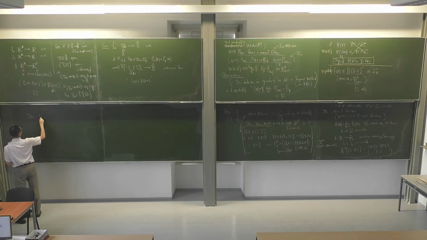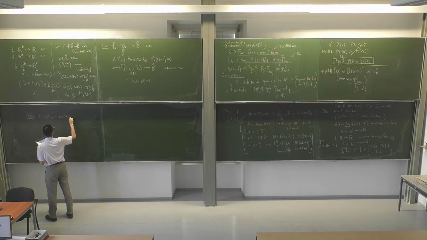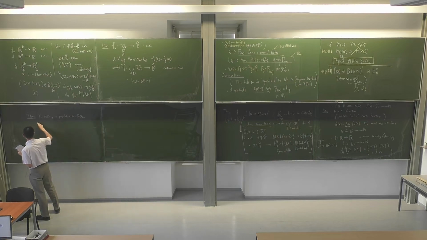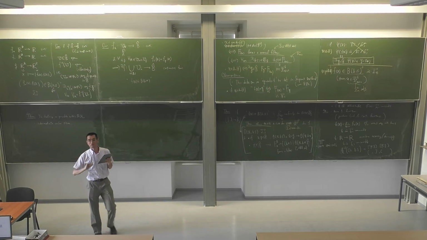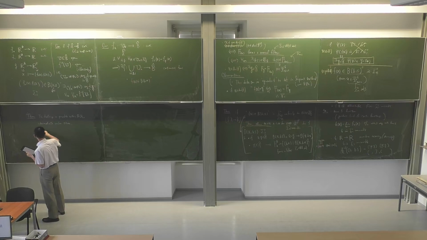The following are provable within RCA 0, and the famous one is the intermediate value theorem, the statement for continuous functions on the real line, naturally described, and the mean value theorem.